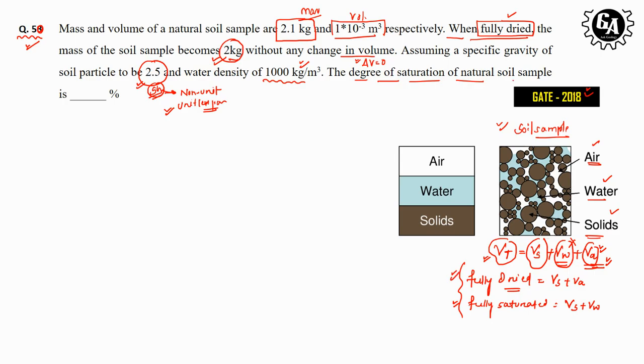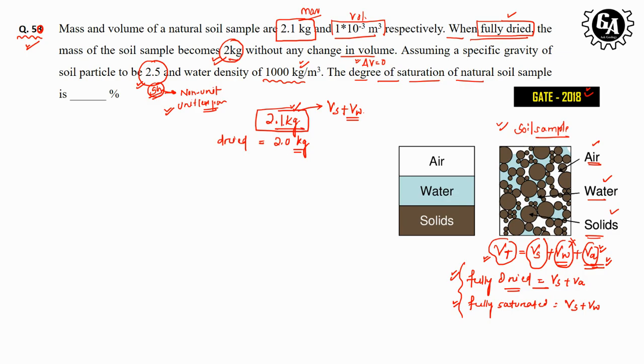Now it is given that if it is fully dried, then the mass is 2 kg. In this case, you can see the initial mass was 2.1 kg and the fully dried mass is 2.0 kg. That means it was containing volume of solid plus volume of water, isn't it? Some amount of water it is containing.